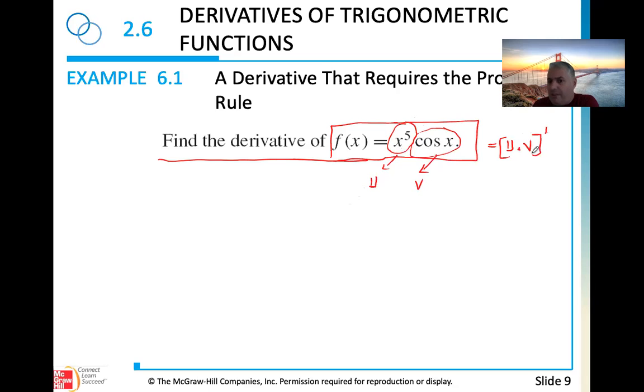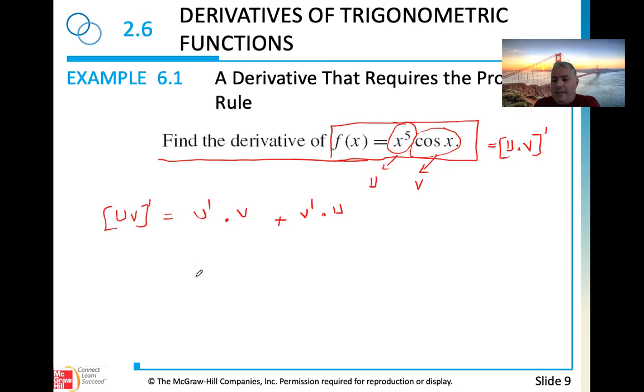So what is the derivative of uv? The derivative of uv is u prime times v plus v prime times u. Is this minus or plus? Can we take the derivative of each one separately without using the product rule? No. Why?